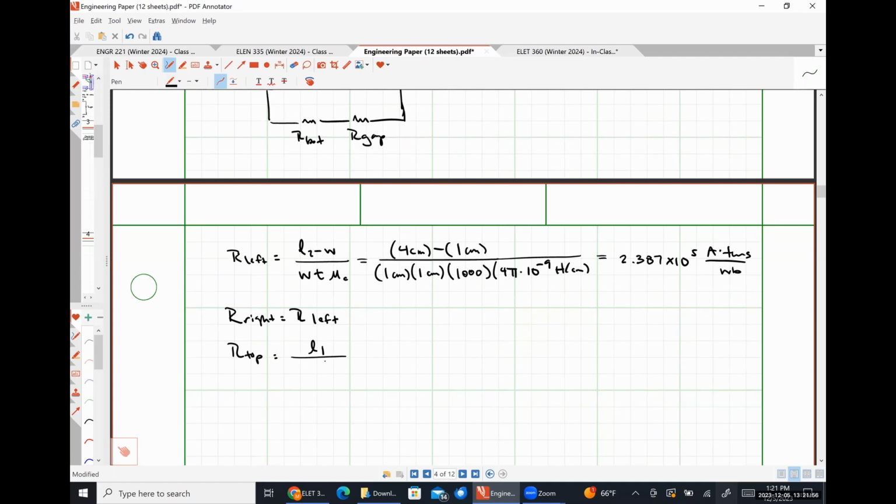Our cross-sectional area is still just going to be W times T. And because we're still in the core, we're going to use mu C.